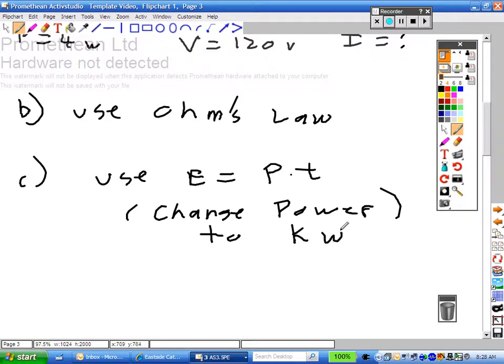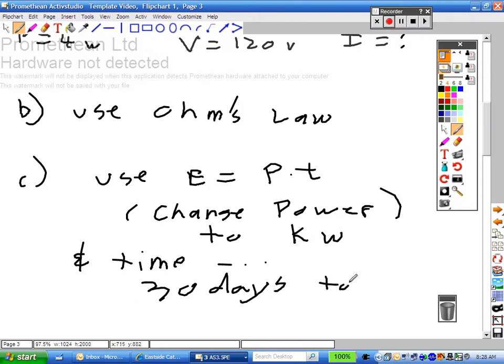So change that first to kilowatts. And how about the time? 30 days should be changed to hours, because you get charged for kilowatt hours at your house. I think that should do it.